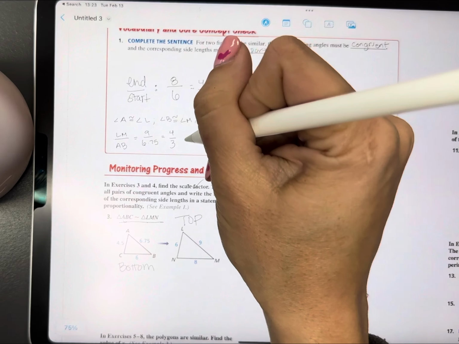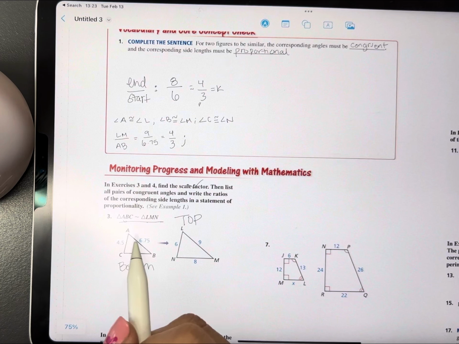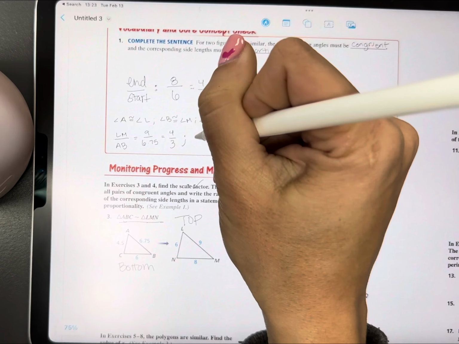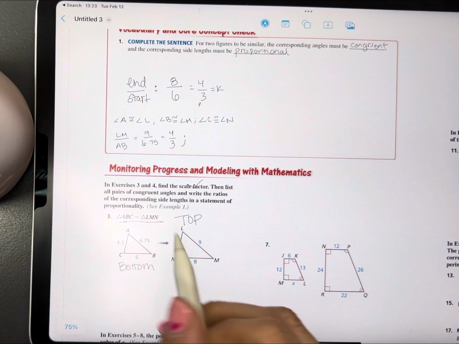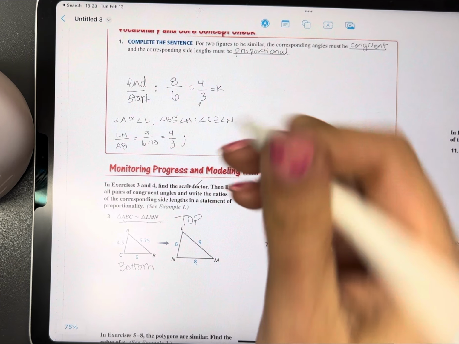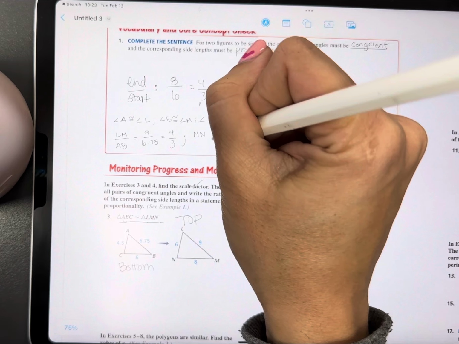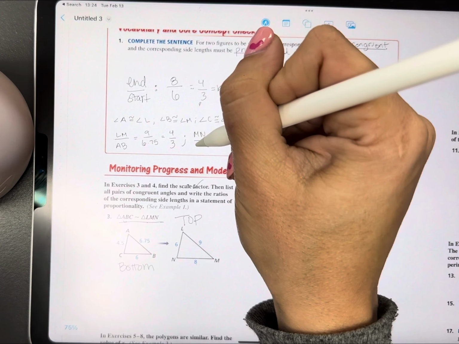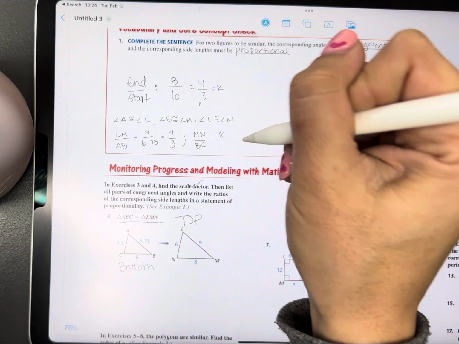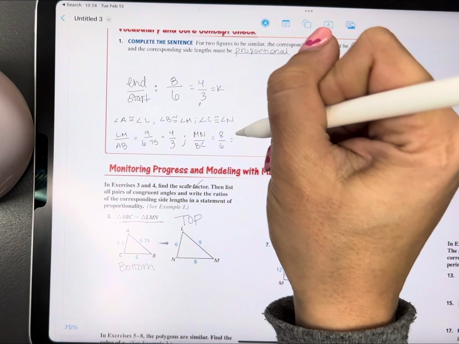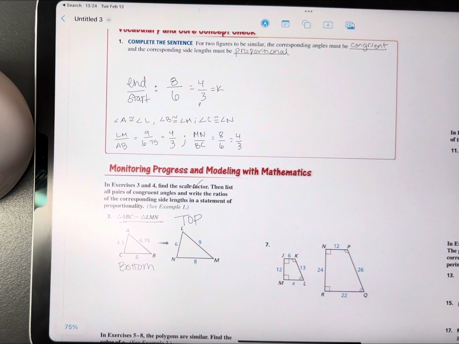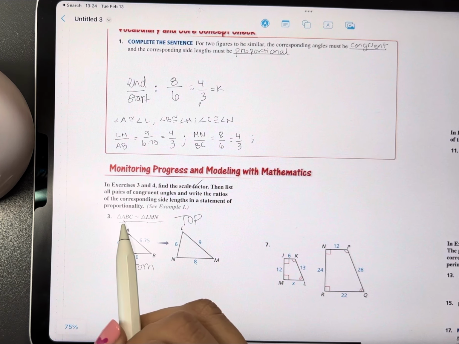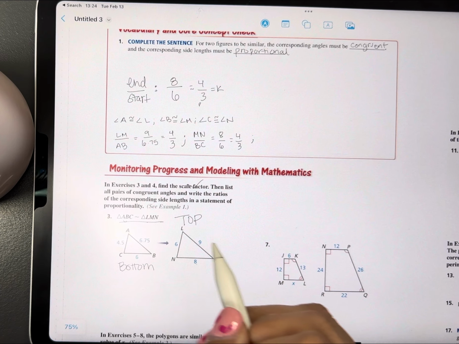Then we're gonna take BC, which is, oh no, we take top, this guy, MN, to BC, which is 6. And then we'll also do AC and LN.